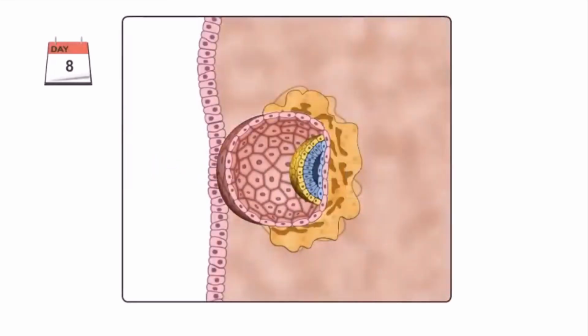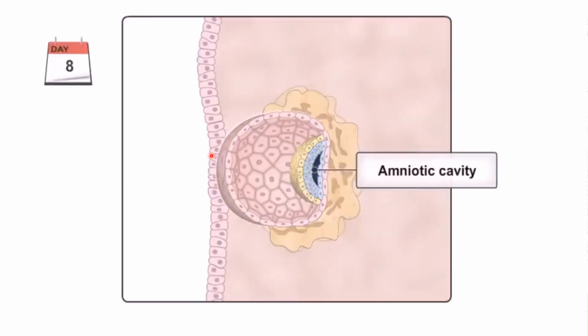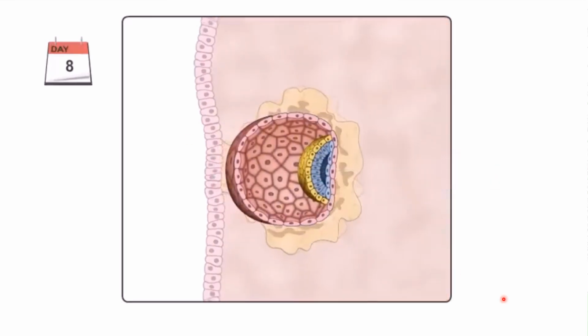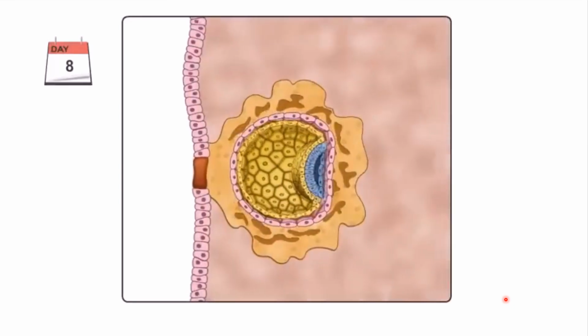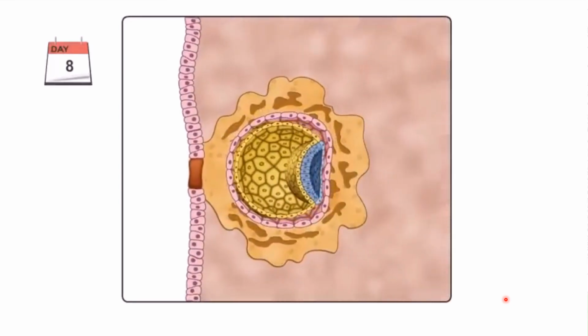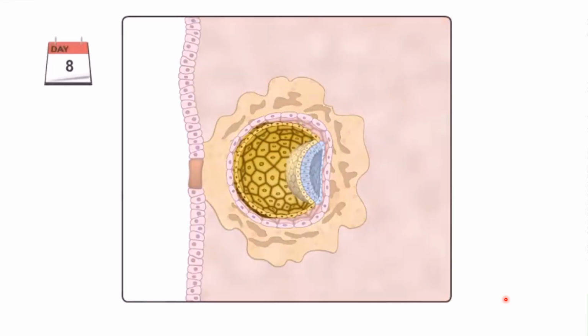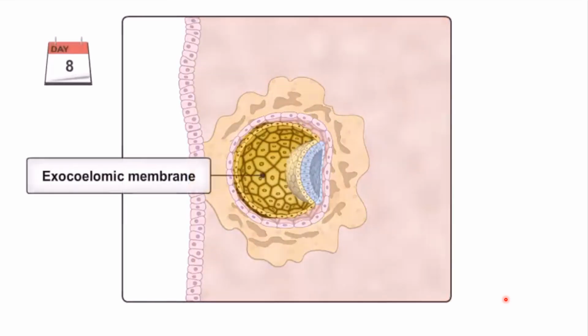Soon after the embryonic disc has formed, a cavity begins to appear between the epiblast and the cytotrophoblast, known as the amniotic cavity. Cells originating from the hypoblast begin to migrate, forming a thin membrane which covers the inner surface of the cytotrophoblast. This is called the exocoelomic membrane.